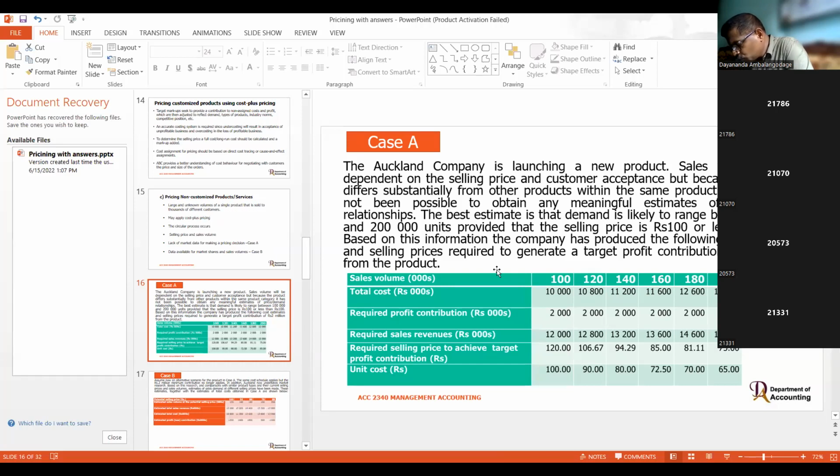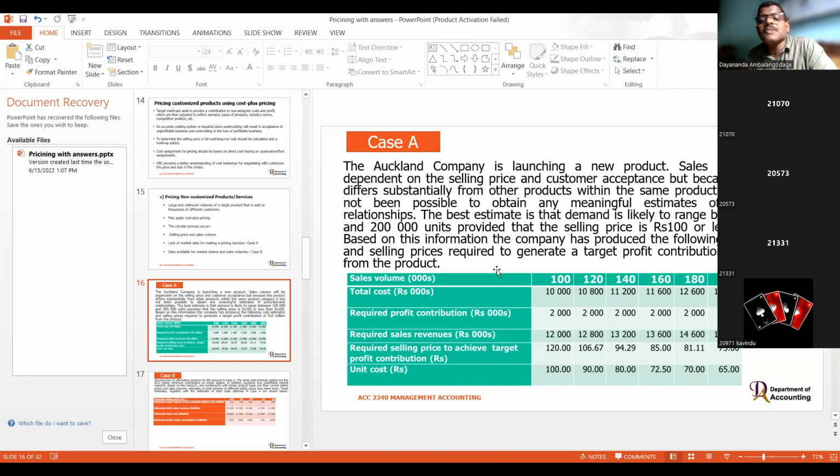So you don't have price-demand estimates, but the product is available and customer acceptance is there. The product differs substantially from other products, so it's not 100% unique, but it is differentiated.